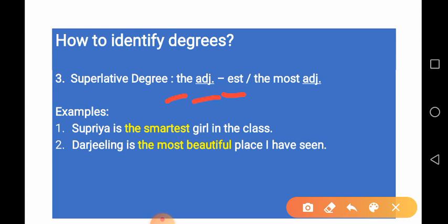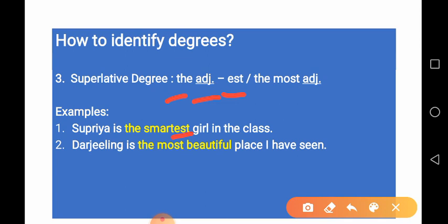So, we have added est to the word tall. In the superlative it is tallest. Here you can see some examples like smart, smarter and smartest. So, est is added to the adjective, and sometimes those adjectives have two or more than two syllables.